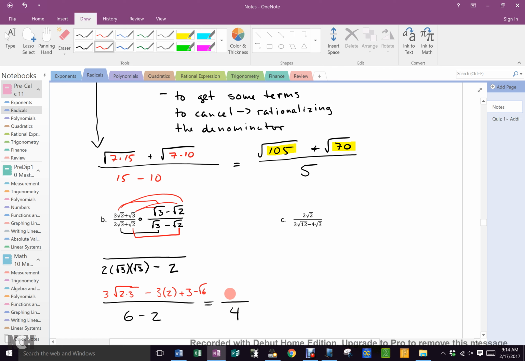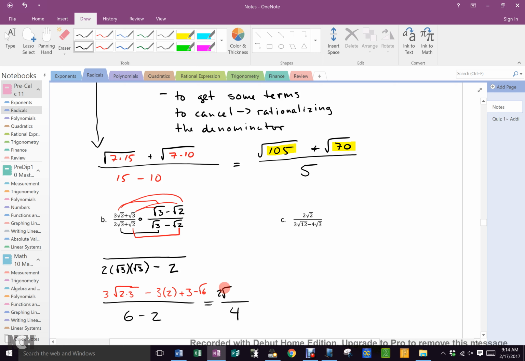Now I simplify. 3 root 6 minus root 6 is what? What's 3 root 6 minus root 6? 2 root 6.